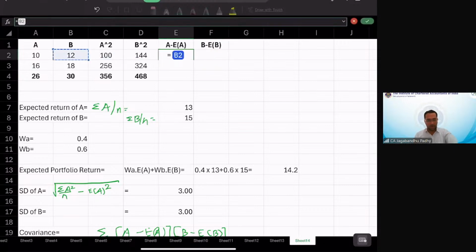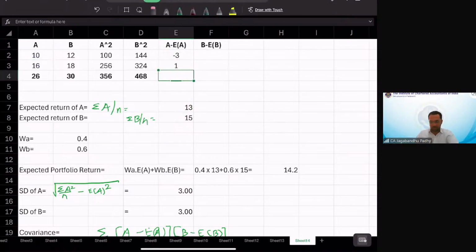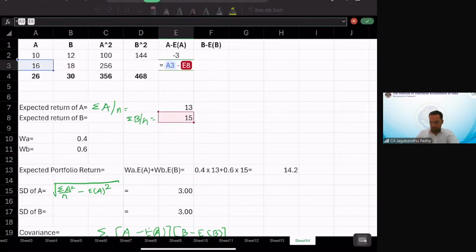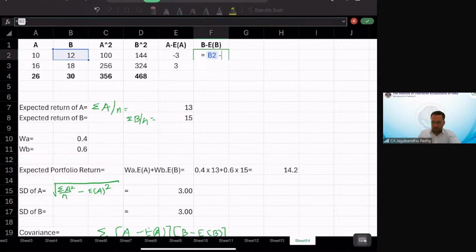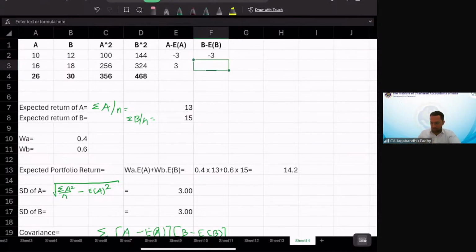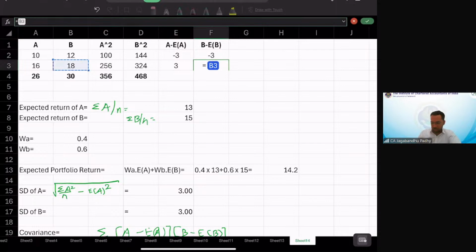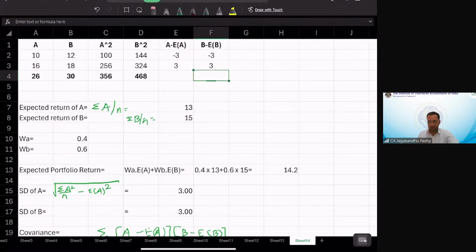So this will be like 10 minus expected value of A, which is 13. Again, A minus expected value of A, which is 13. For B, it is going to be 12 minus expected value of 15, and then 18 minus expected value of 15, right?